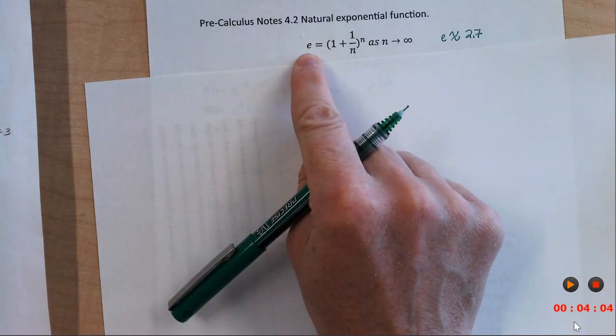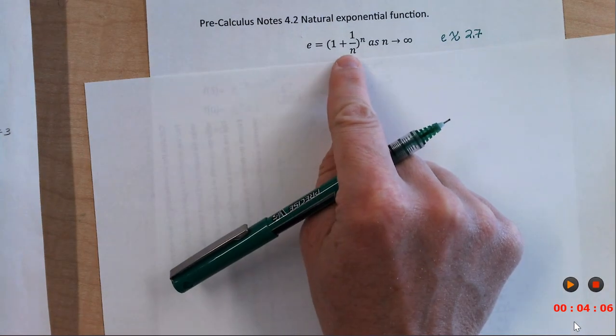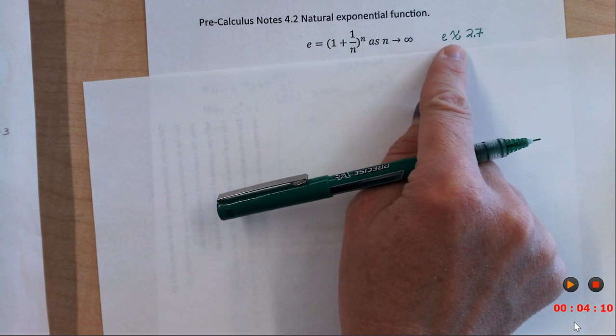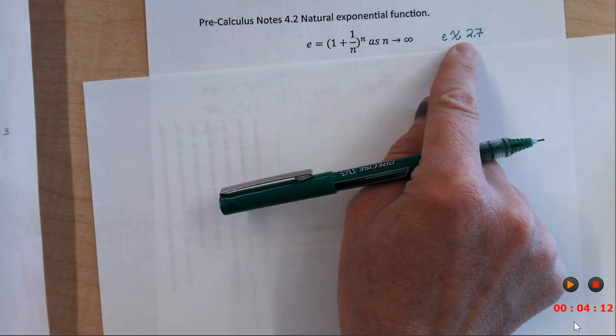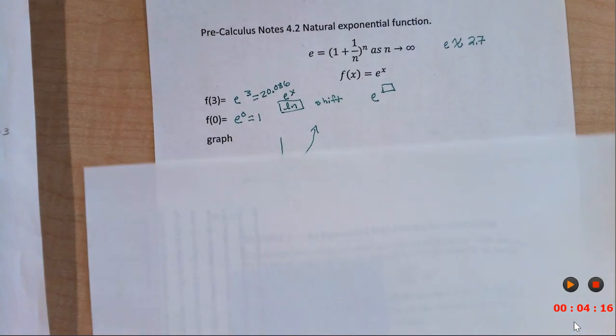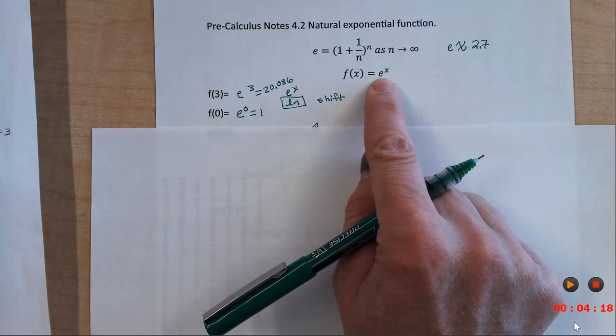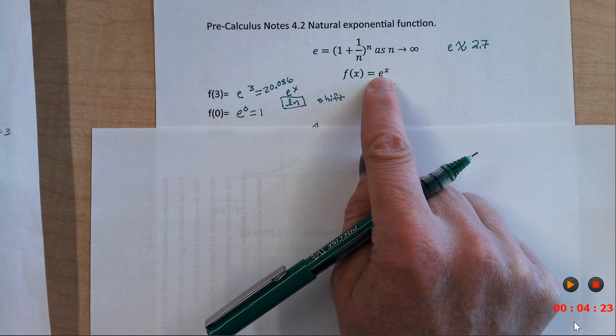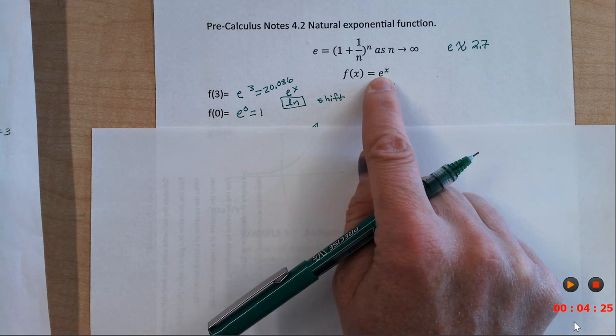In other words, to calculate e, you would plug in gigantic numbers for n, and you would get closer and closer to the true value of e, and e is approximately 2.7. So we're going to talk about the exponential function e to the x, which we've actually seen before. It is exactly an exponential function with a base that just happens to be e.